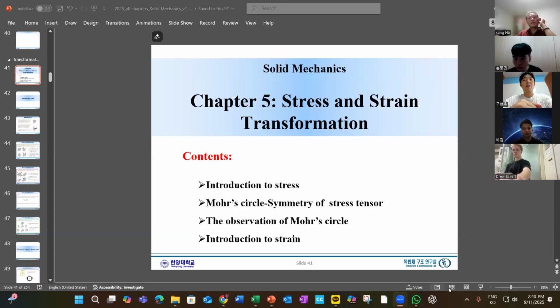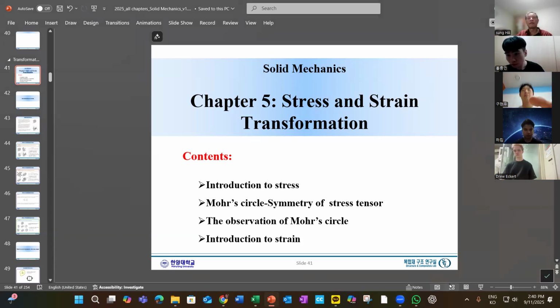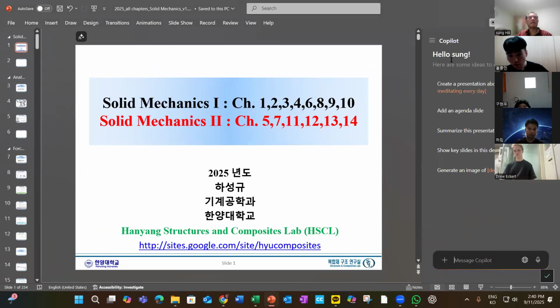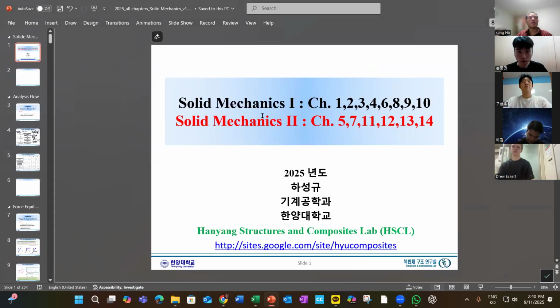As I explained last week, we will start with chapter 5. Again, at the very beginning, I explained this whole class of solid mechanics has two parts: solid 1 and 2. Since our class is solid mechanics 2, we will start with chapter 5.